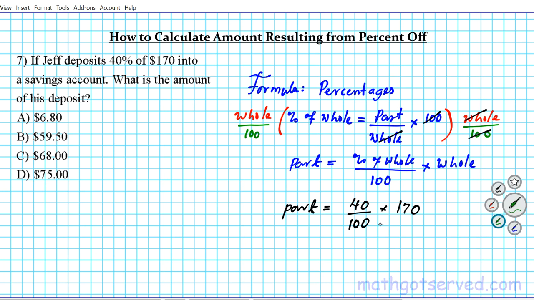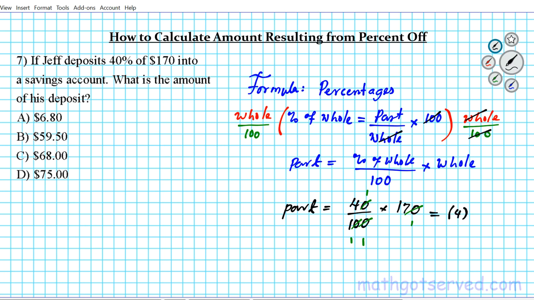So let's carry out our calculations. We can cross reduce, divide by 10, 10 goes here 1, 10 goes here 1. Divide by 10 again, 10 goes here 1, 10 goes here 1. So you can see the division trick here. When you divide by 10, you just cancel out a 0 from the numerator and the denominator of the numbers you are trying to reduce. Now we multiply our resulting fraction, which is 4 times 17.